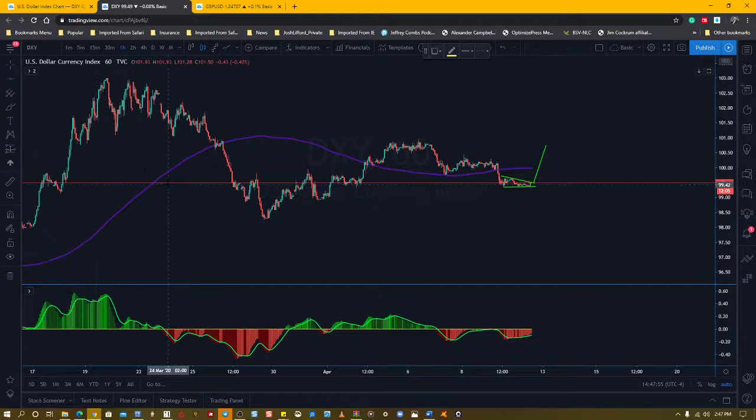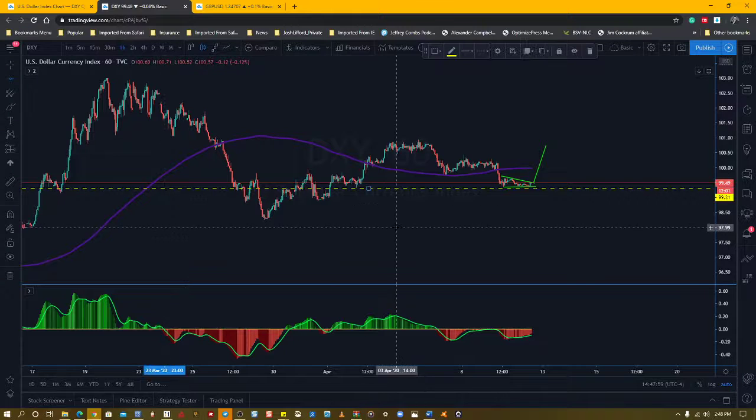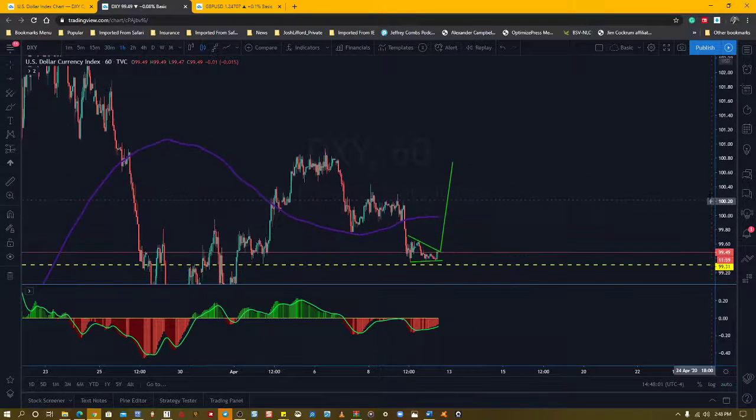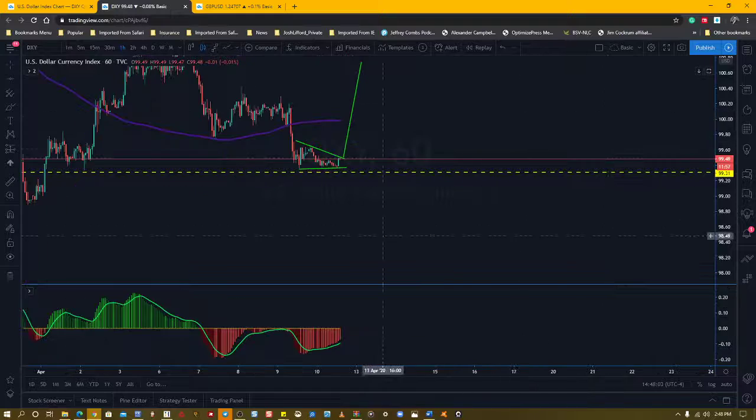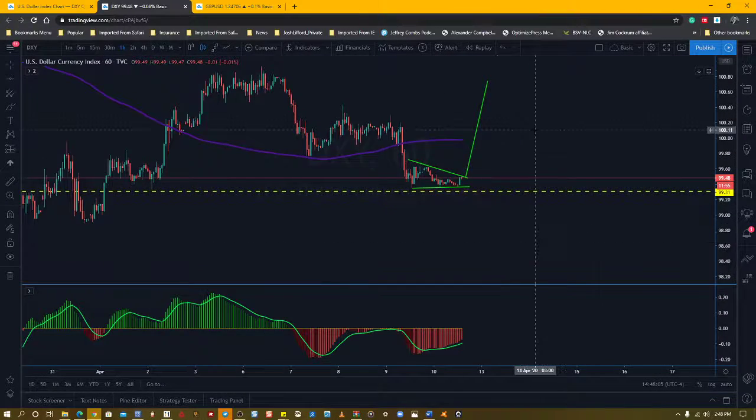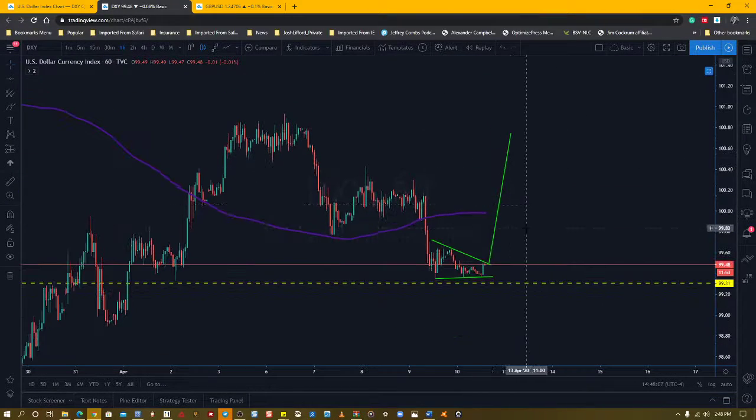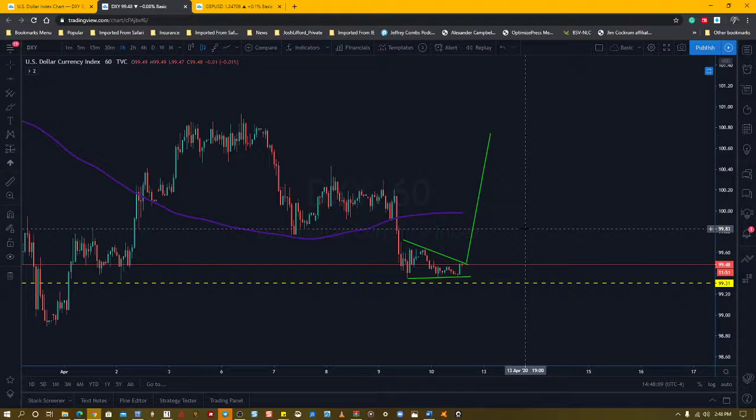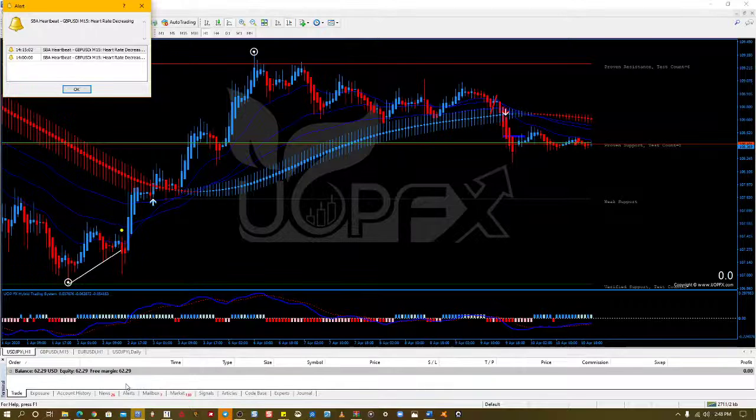And man, once you start learning this kind of stuff, it really changes your trading. Last week I was able to take a small $27 account. You saw that in my last video that I made. Took that small $27 account and turned it into $62.29 there.